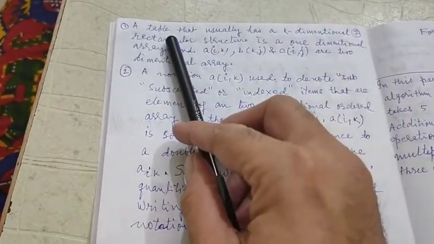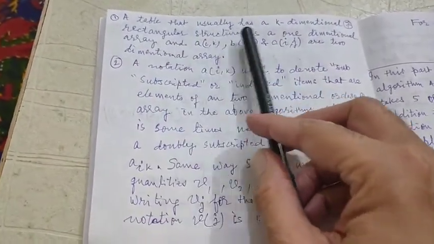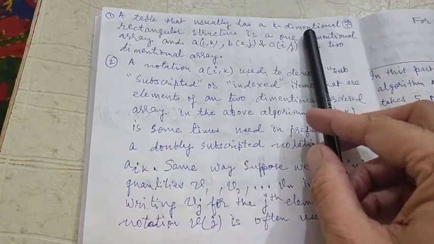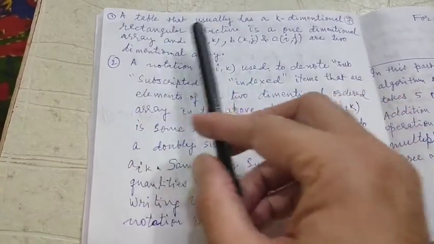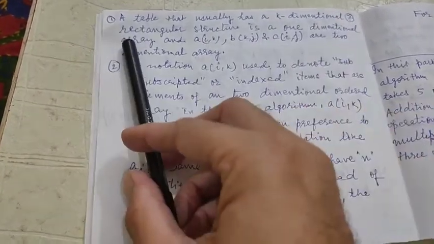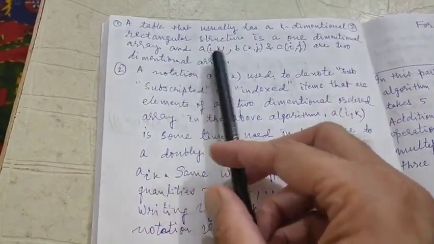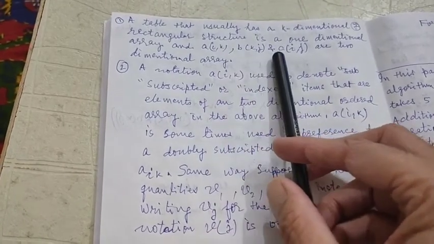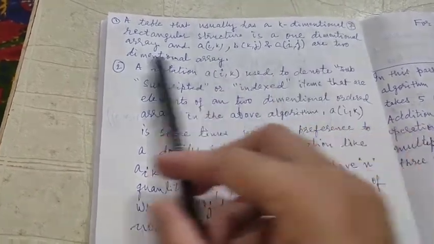A table that usually has a k-dimensional rectangular structure. Ai is a one-dimensional array, and Aik, Bkj and Cij are two-dimensional arrays.